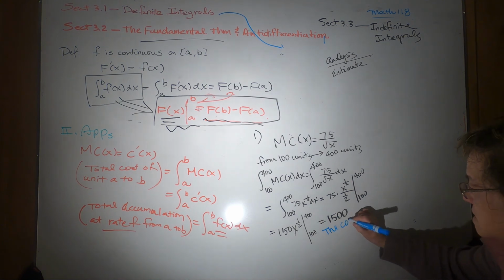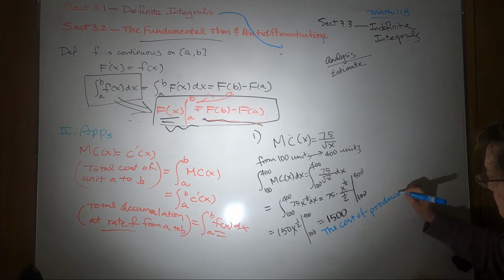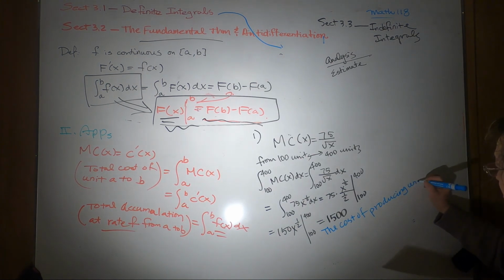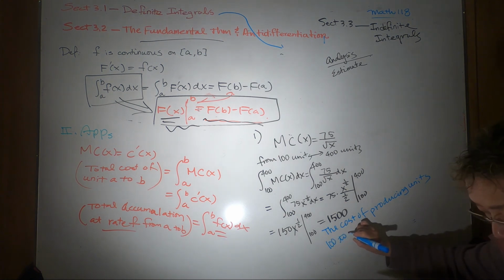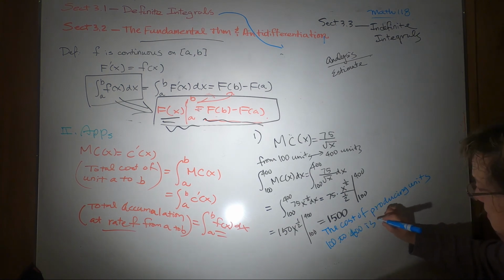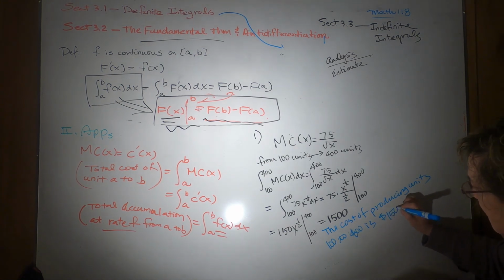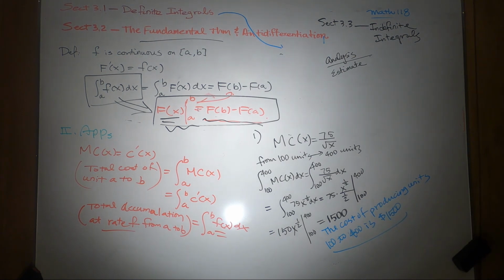The cost of producing from the unit 100 to 400 would be what? $1,500. That's what it's saying. Okay?